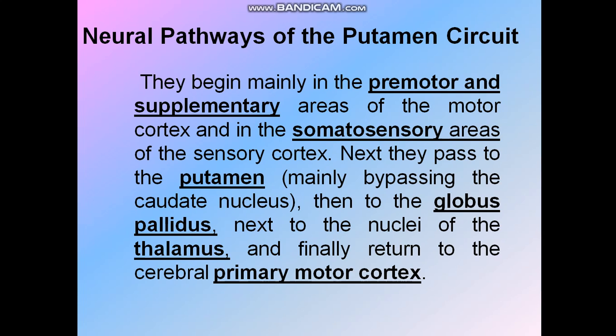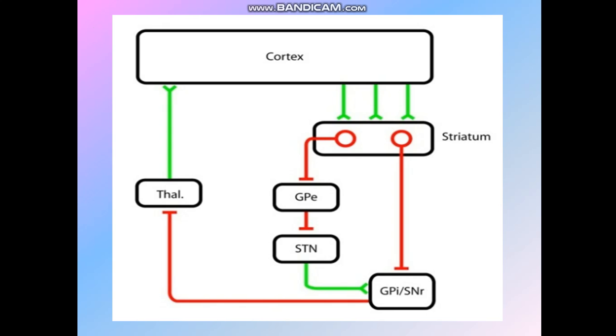Regarding the neuronal circuit and pathways of the putamen circuit, they begin from the premotor and supplementary motor areas of the cortex, passing to the putamen, bypassing the caudate nucleus to the globus pallidus, next to the nuclei of the thalamus, and from the thalamus to the cortex. We notice these are the neuronal circuits.